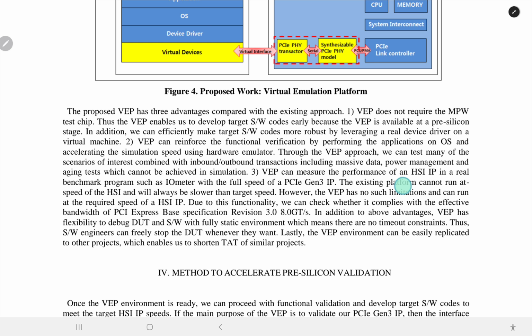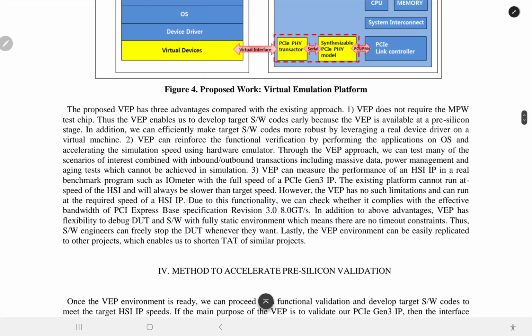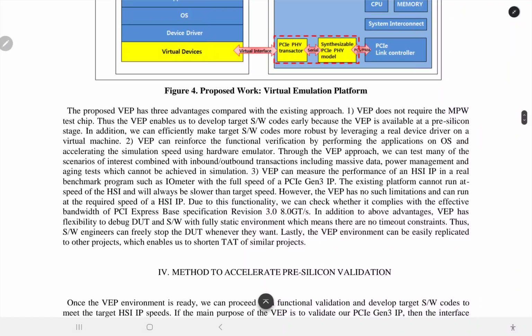The existing platform cannot run at the speed of the HSI and will always be slower than the target speed. However, VP has no such limitation and can run at the required speed of the HSI IP. Due to this functionality, we can check whether it complies with the effective bandwidth of the PCI Express Base specification revision 3.0, 8.0 giga transactions per second.